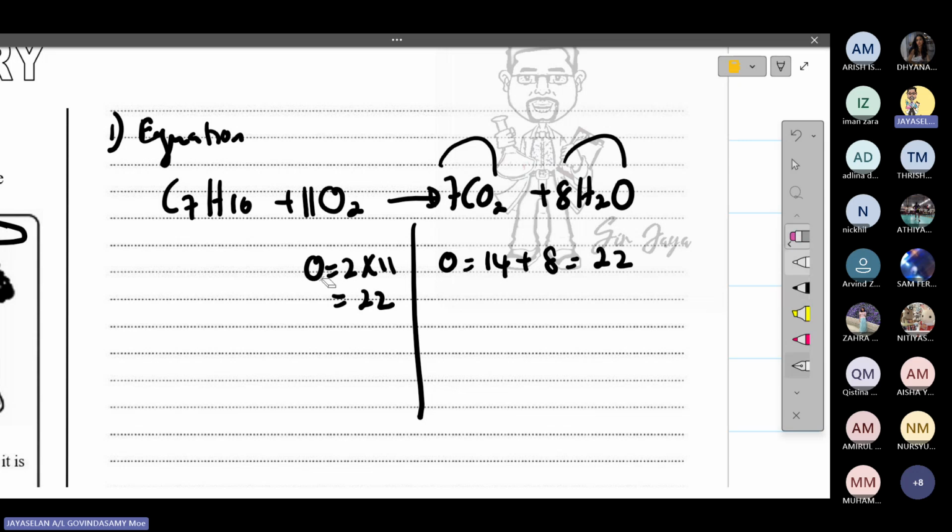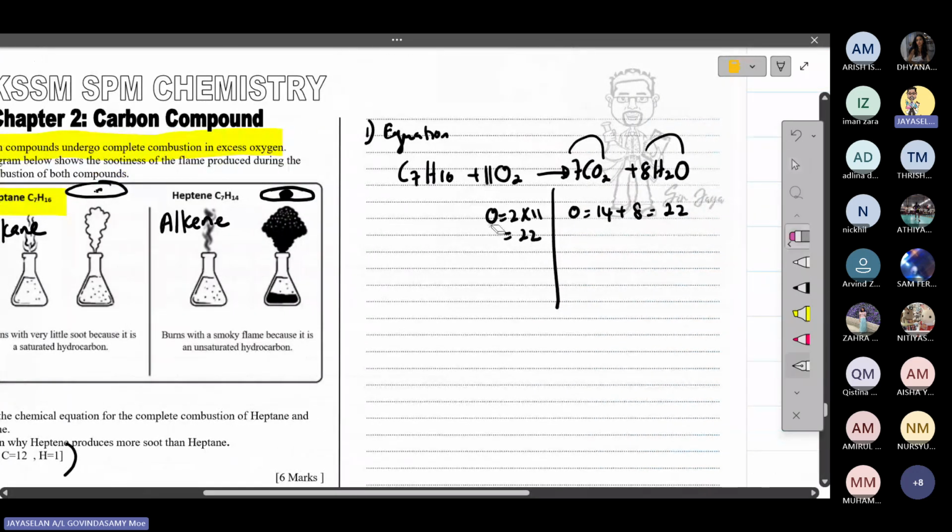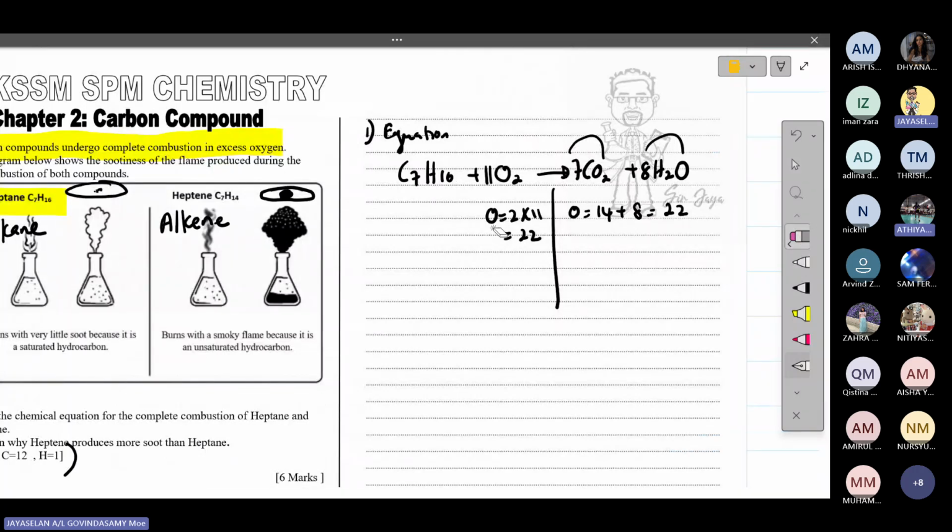Okay, so erase this. Now you do for heptene. Okay, heptene. Do now. Adyanman doing? Yes, sir, on the way, sir.